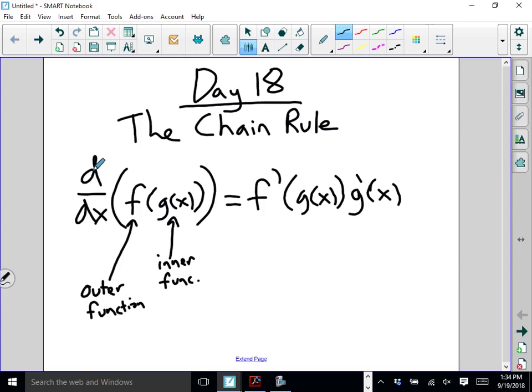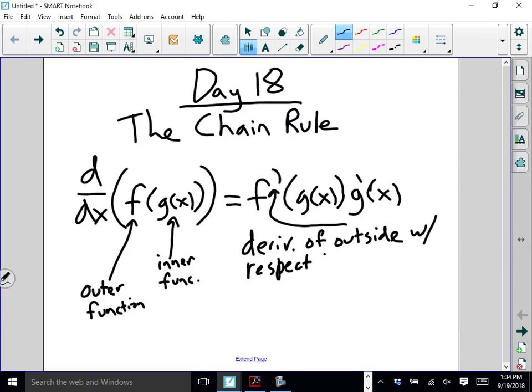So again, in words: derivative of outside with respect to the inner function, the inside function, times derivative of the inner function.